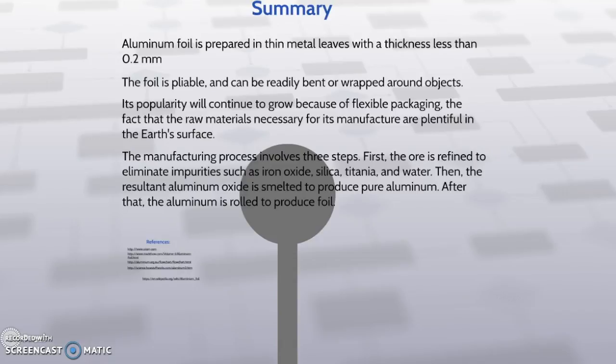The manufacturing process involves three steps. First, the ore is refined to eliminate impurities such as iron oxide, silica, titanium, and water. Then the resultant aluminum oxide is melted to produce pure aluminum, and after that the aluminum is rolled to produce the foil.